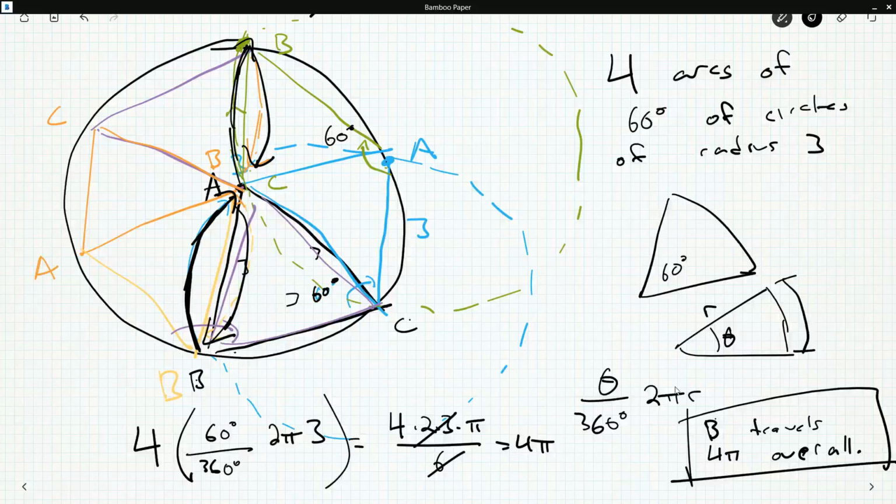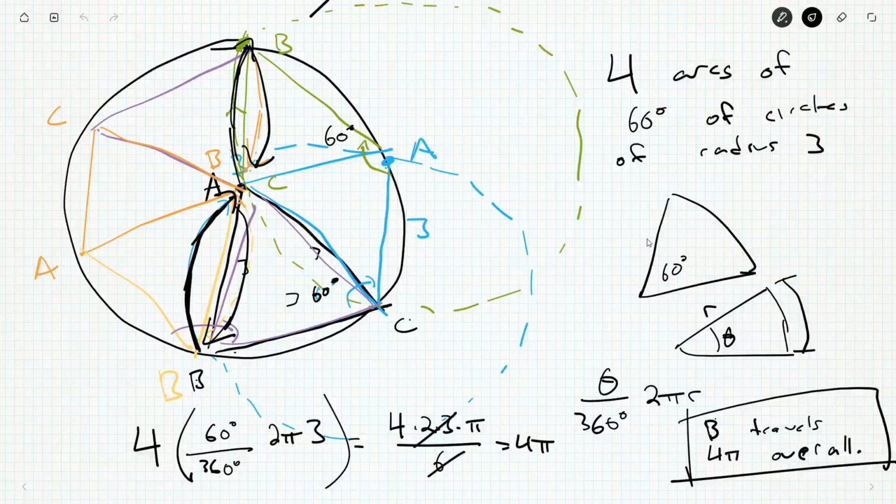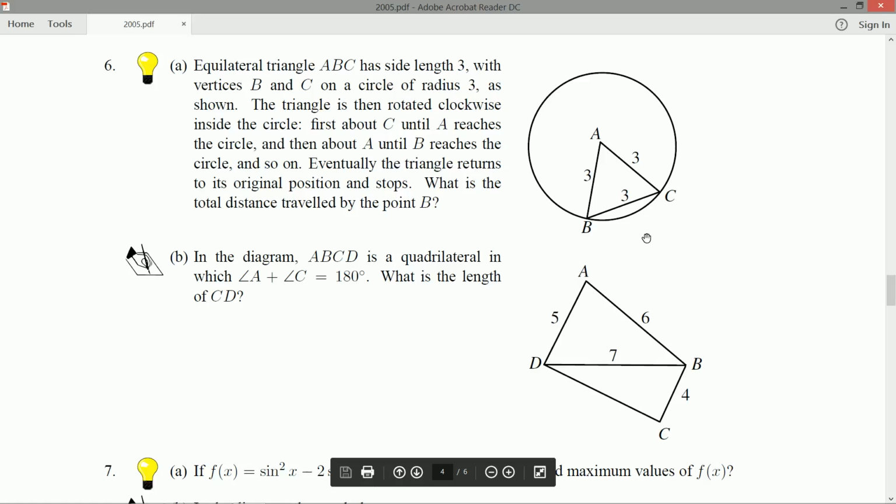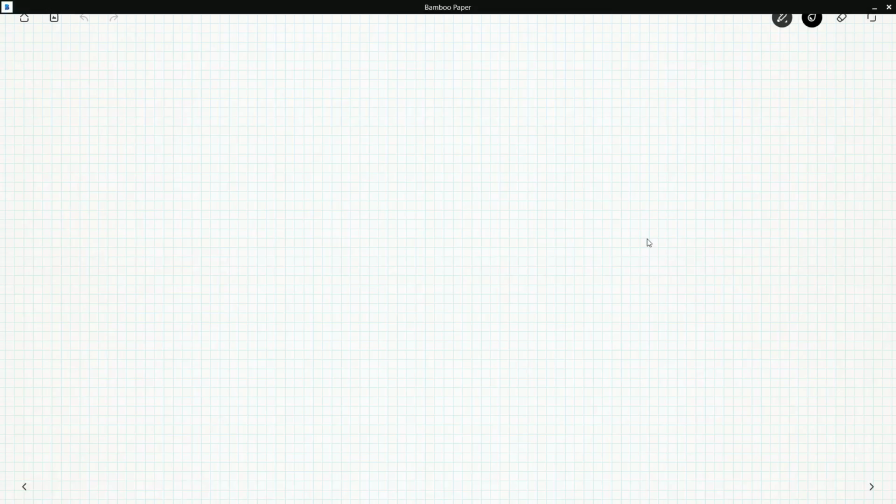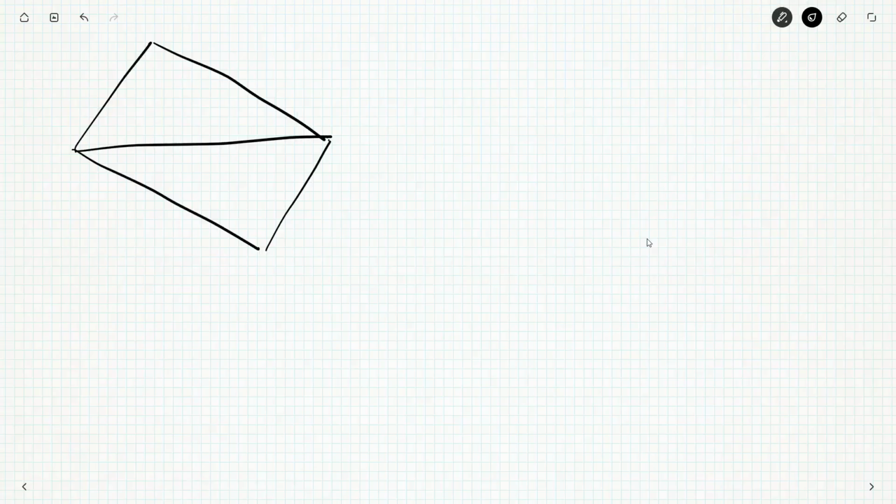So let's copy this down, and we do have to be careful and write what we're doing at each stage. So A, B, C, D is gone clockwise, 5, 6, 4, and then 7 as the one diagonal. So I have D, we have B, A up here, C, 5, 6, 4, and 7.